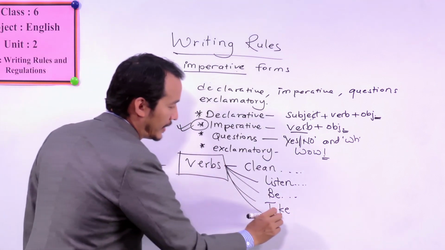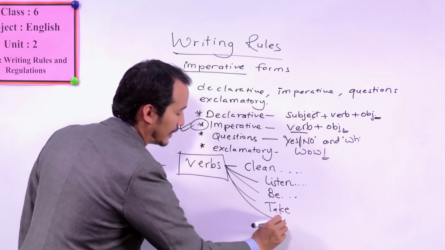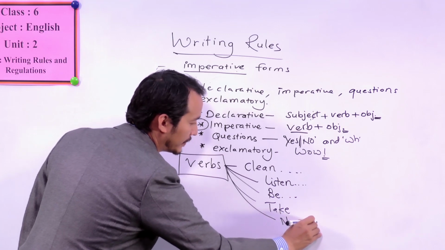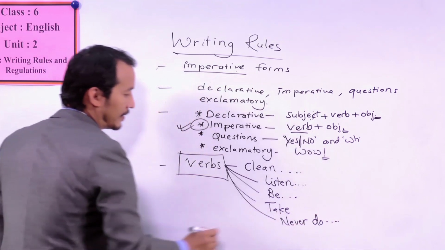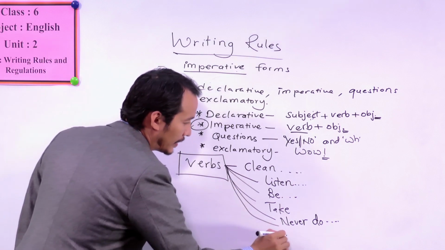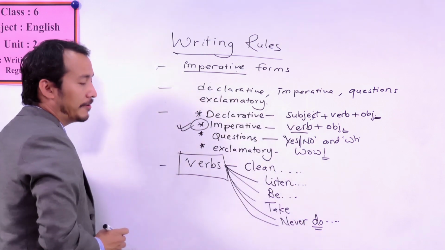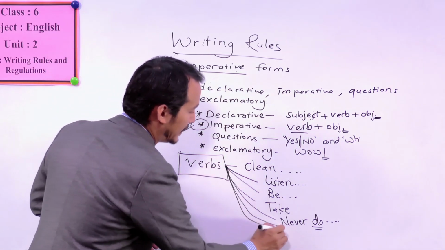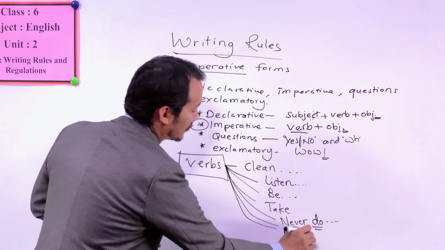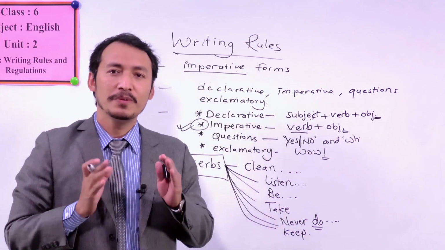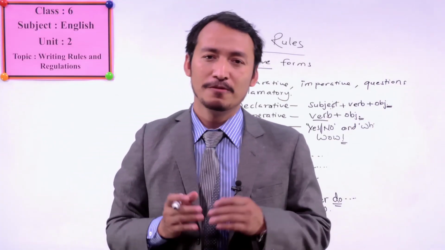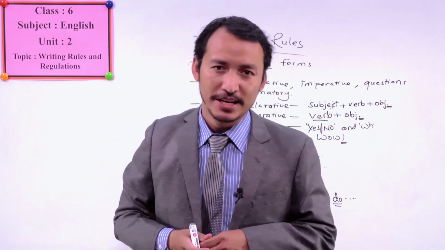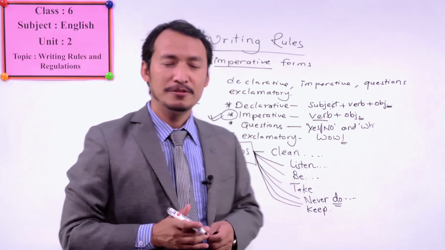Again, there are so many other useful verbs, like never as well. You can never do something. Do is the verb here. Likewise, you can say keep the environment clean, keep, and so on. So these are called verbs. We use the first form of the verb, the root form. We can also call it the infinitive verb, for starting our rules.